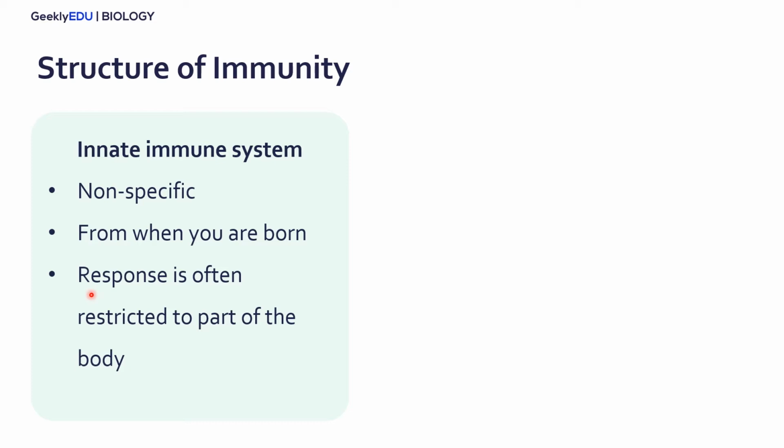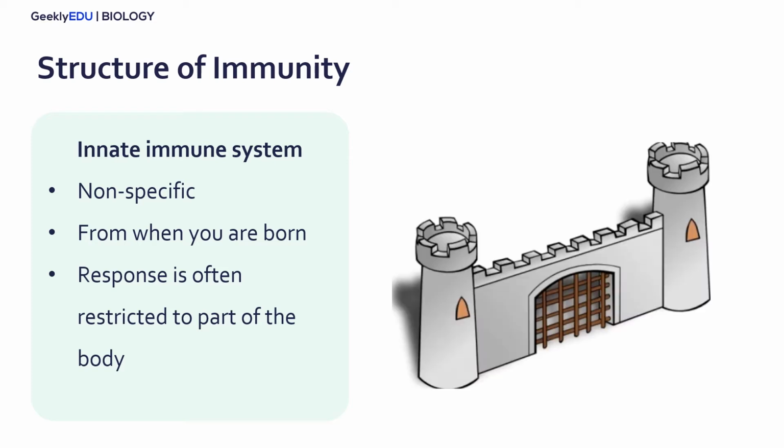So for example, if you cut your hand, the innate immune response will only be within your hand. And we can think of the innate immune response as if we are protecting a castle, the castle walls would be our innate response as it's aimed to defend against everything.